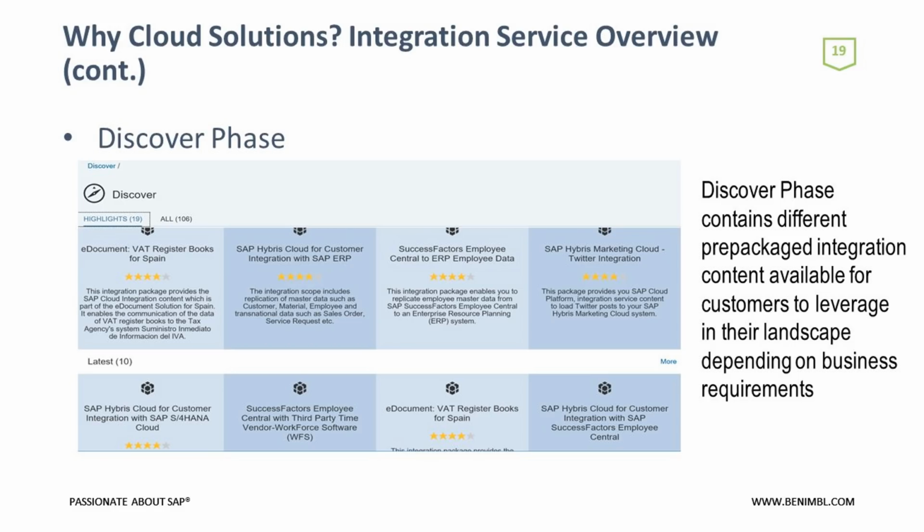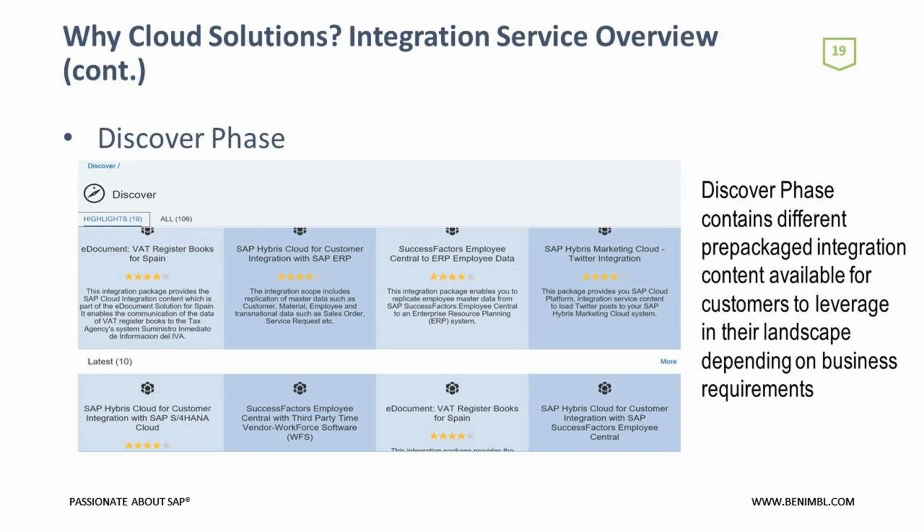So discover phase is an initial phase wherein the customer can find prepackaged contents. Like I said, SAP Cloud Platform is loaded with prepackaged contents for different businesses. For example, it has prepackaged content for Hybris, SuccessFactors, Google Analytics, and S4. If the customer wants to leverage prepackaged content, they have the appropriate documentation under each package, and they can review and leverage it.